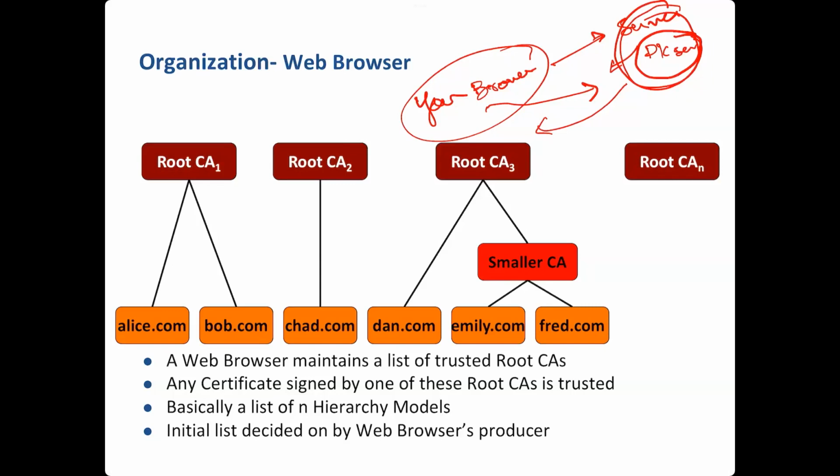This server must also attach a certificate from the corresponding root CA, and each web browser maintains a list of root CAs. There may be many root CAs, not one. The public keys of all these root CAs are available in your web browser, right?